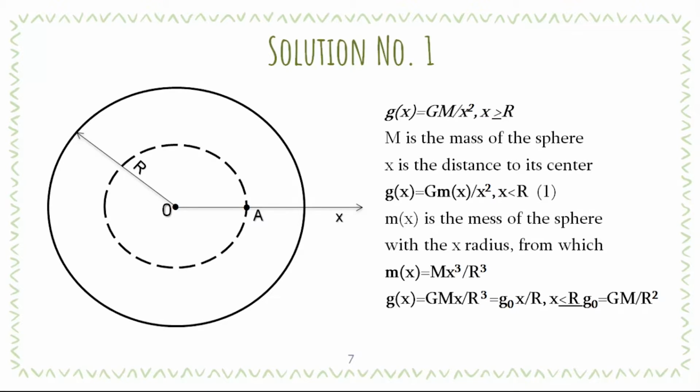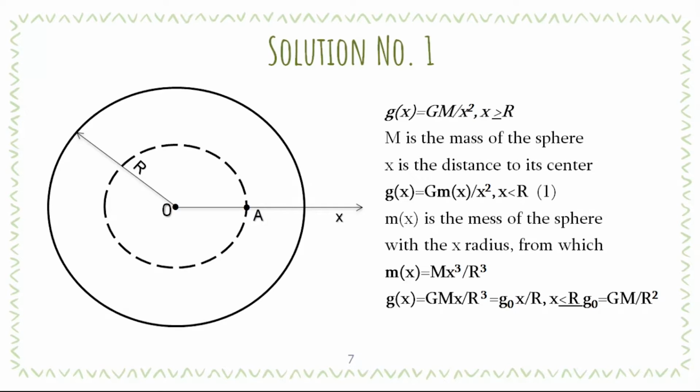In this way, the acceleration outside the sphere changes according to this law: g(x) is equal to GM divided by x squared, for x greater than or equal to R, where M is the mass of the sphere and x is the distance to its center. We put a probe mass at point A at distance x from the center, where x is smaller than R.